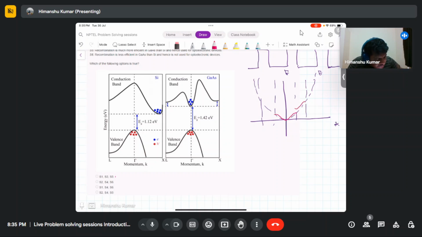At the integral values of n pi by a plus b, if you consider this as a and this as b, then at n pi by a plus b you will have a discrete jump. Because of this periodic potential, the energy levels in between are not allowed.